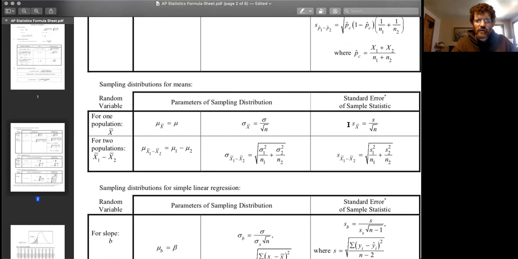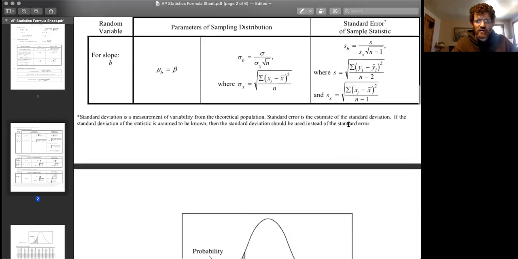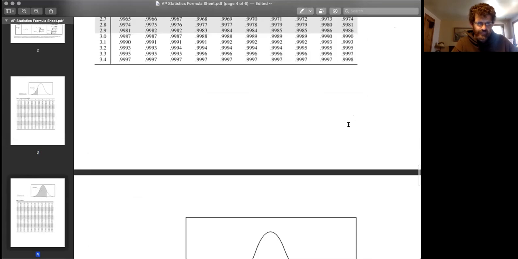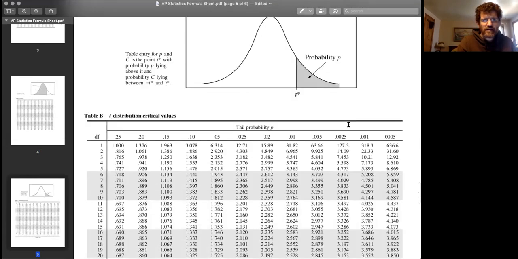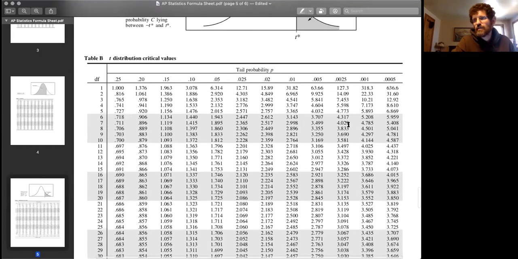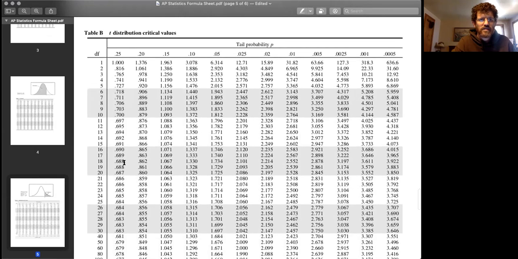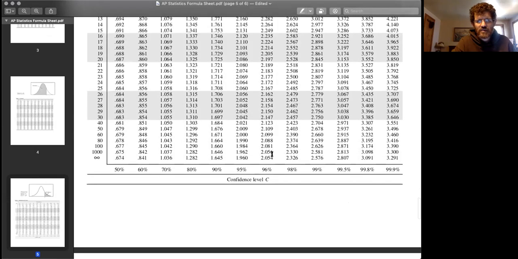Of course, you do need to know whether you're using a Z star or a T star. This is your Z table right here, but we're going down to this. So your T star, your T critical values are all right here in this table, table B, and your Z star is down at the bottom. Remember, use Z star for proportions, T star for means.